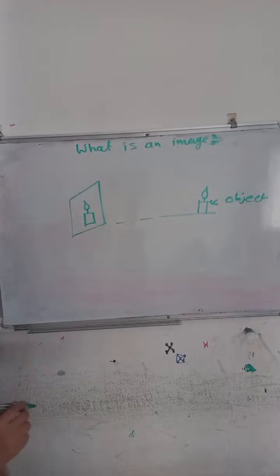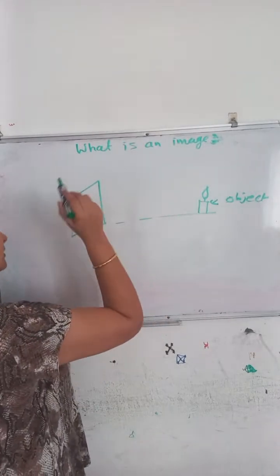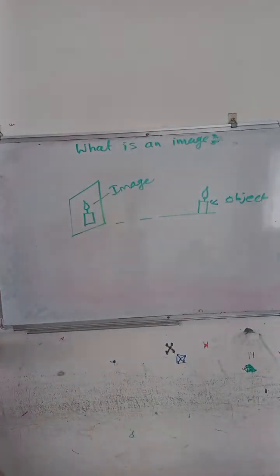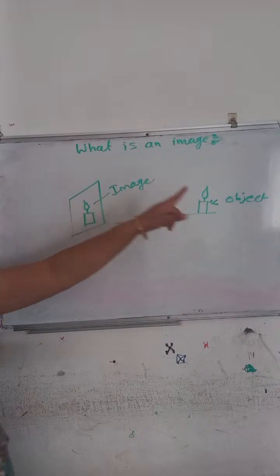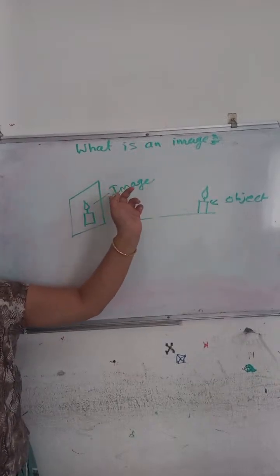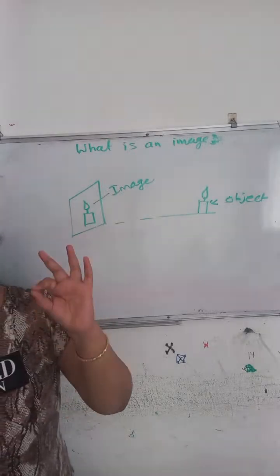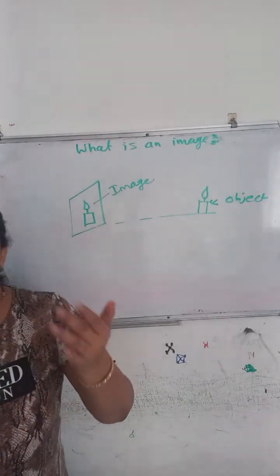In this mirror, the candle shows a reflection. The reflection of an object in the mirror is nothing but the image. Can you get this? The reflection of the original candle in the mirror is the image. An image is always formed on the mirror or beyond the mirror.